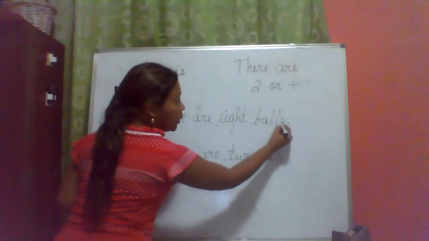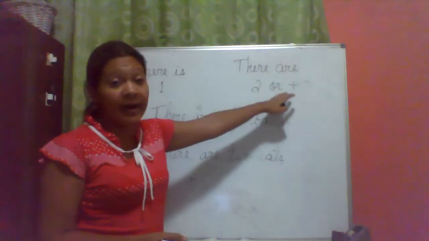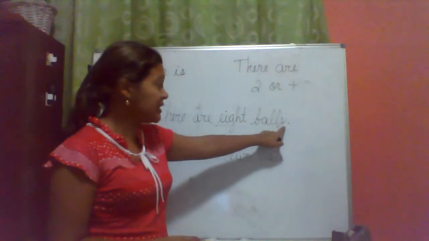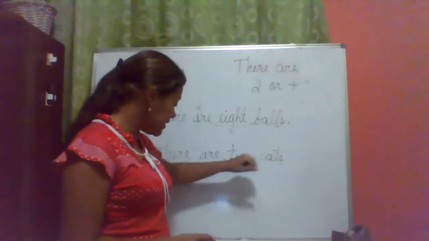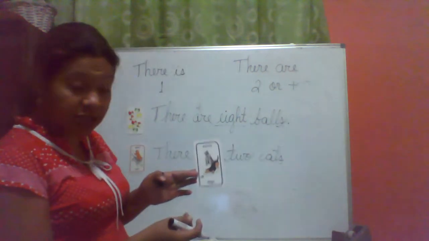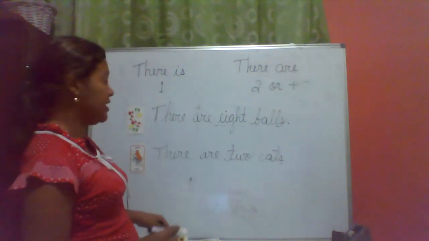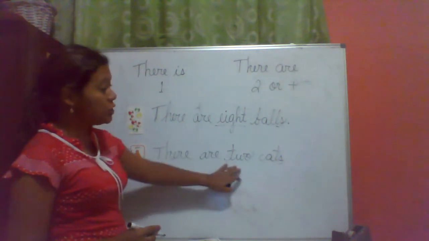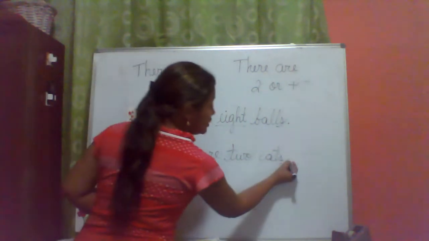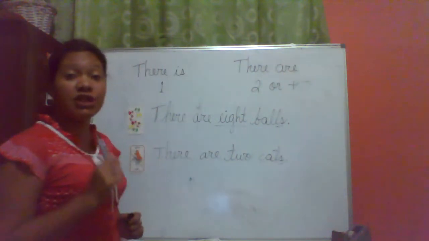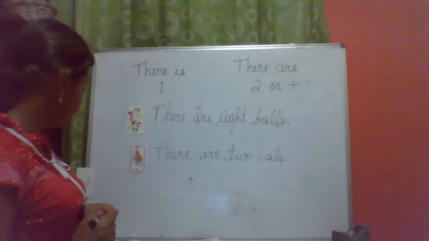Okay, plural with S at the end. When we use there are, we have to put the S at the end. Balls, cats, dogs, flowers, S at the end. Okay, there are 2 cats, and we need to put the period. Don't forget the period at the end. Okay?